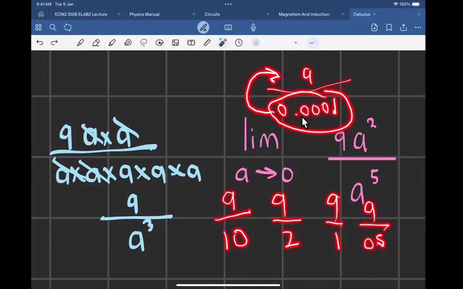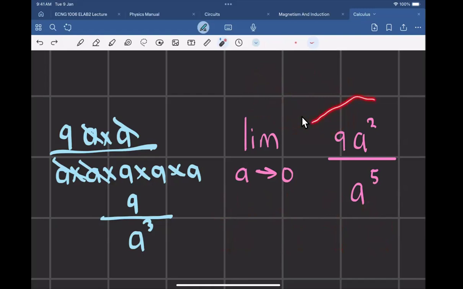So the less money you gain, the more days it takes. If you were getting practically no money, it would take you an infinite amount of days to save $9. So where do you think 9 over a cube will approach?